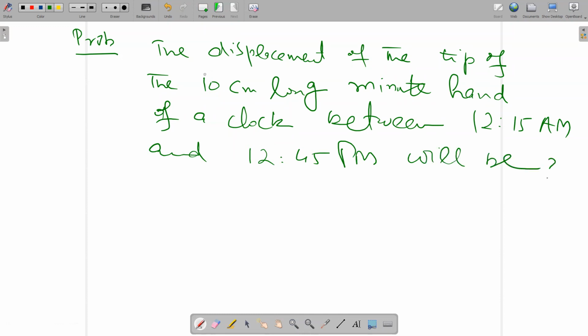So the question is the displacement of the tip of the 10 centimeter long, meaning the needle is 10 centimeter long, of a clock.